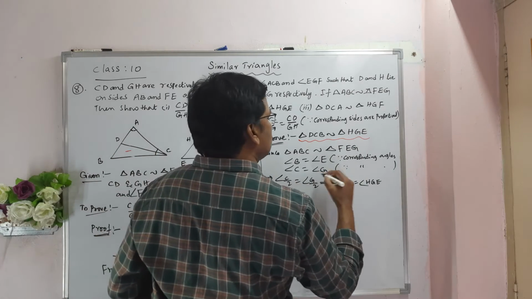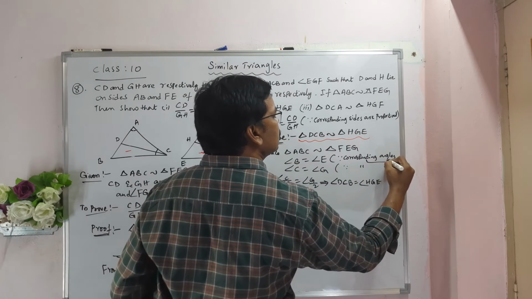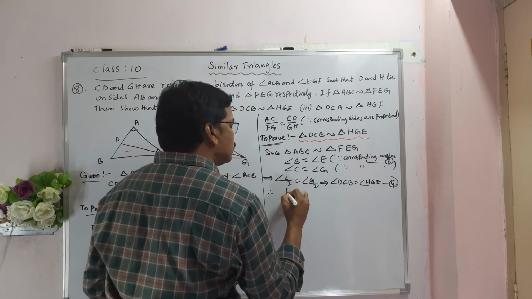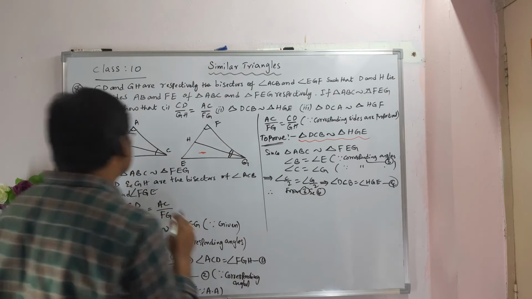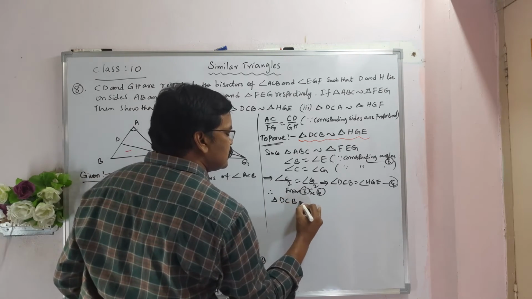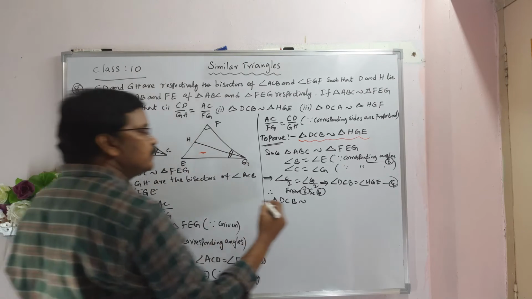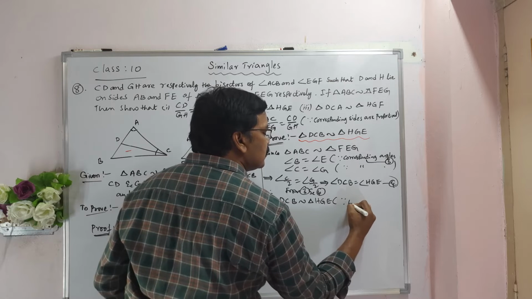Therefore, this is equation number 3 and this is equation 4. So from 3 and 4, what do you write, my dear students? Triangle DCB is similar to triangle HGE according to what?